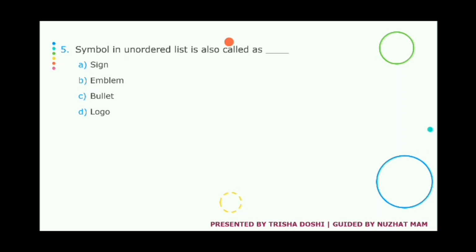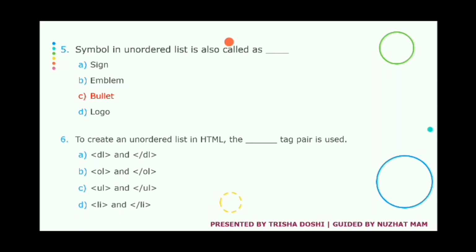A. Sign, B. Emblem, C. Bullet, D. Logo. The correct answer is C, bullet. Question 6. To create an unordered list in HTML, the dash tag pair is used. A. DL tag pair, B. OL tag pair, C. UL tag pair, D. LI tag pair. The correct answer is C, UL tag pair.